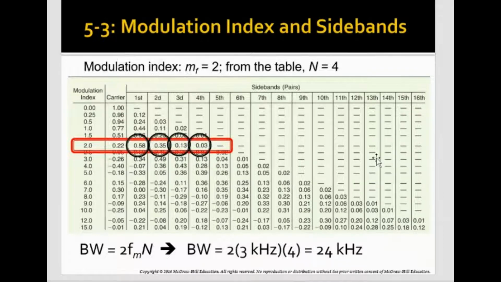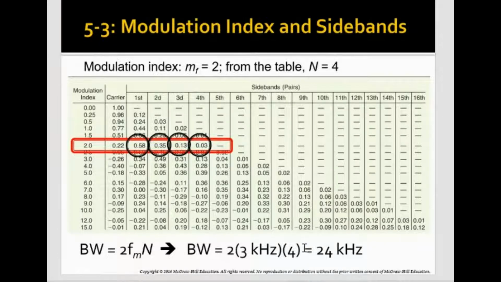But if you refer to the Bessel function graph, you need to only take care of those which are bigger than 0.01. So then we have 2 times 3 times 4, which is 24 kilohertz. This is the bandwidth of our FM signal.